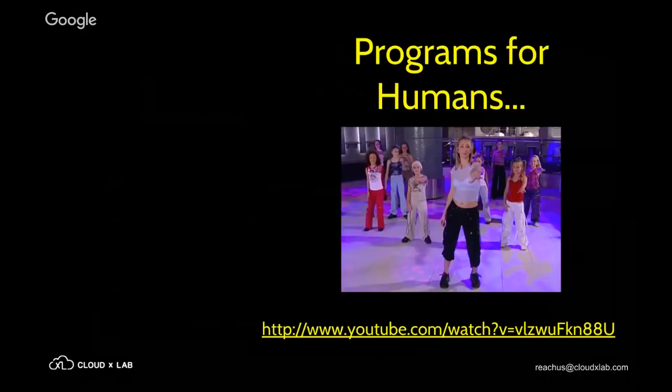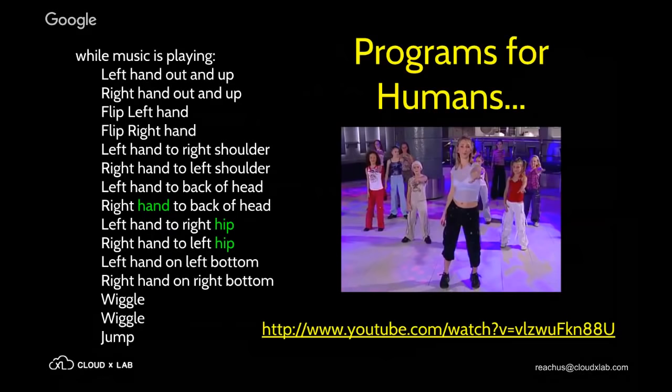That's called the program. Okay. The easiest analogy for programs is, let's say, a video. While the music is playing, put the left hand out and up, then the right hand out and up. So that's like learning to dance, right? The dance steps are the programs for humans.